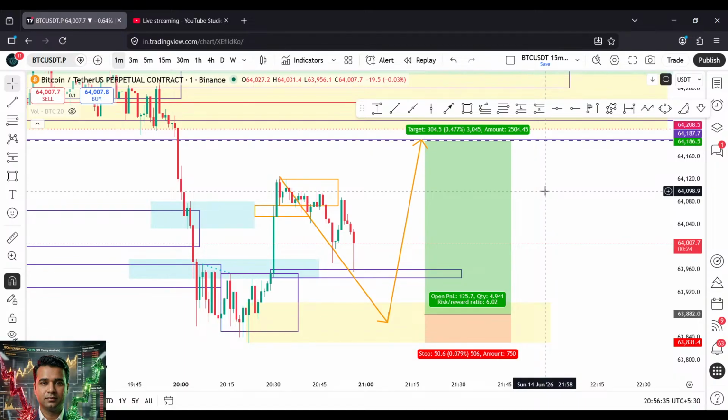And now price hit exactly the DP and is bouncing back. Let's see what it does.